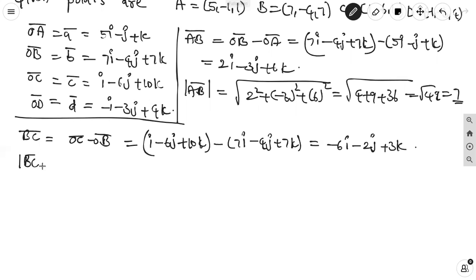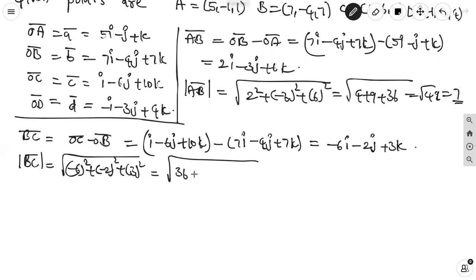Modulus of BC is the square root of (minus 6) squared plus (minus 2) squared plus 3 squared, that is 36 plus 4 plus 9. Again we get root 49, which is equal to 7.